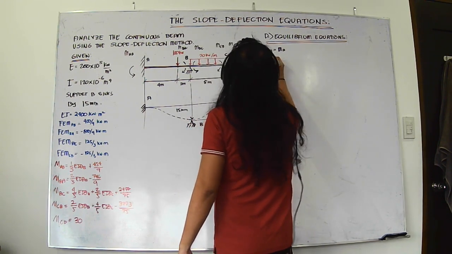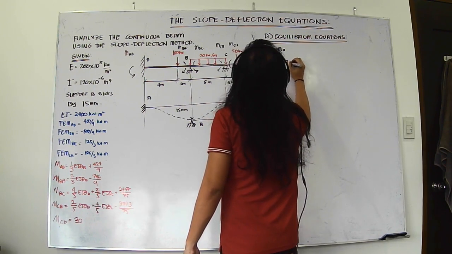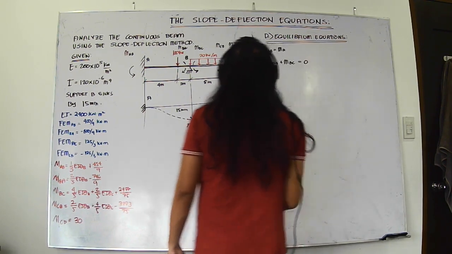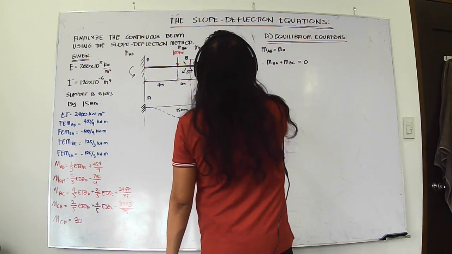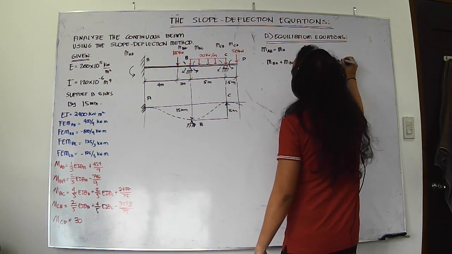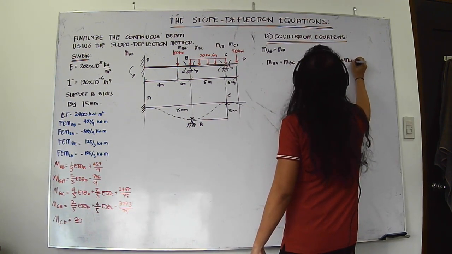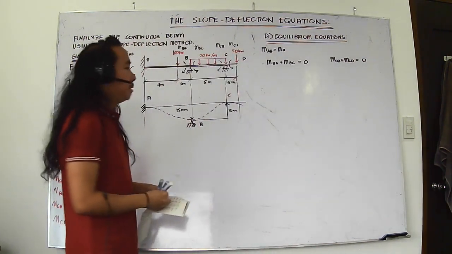Then MBA plus MBC is equal to 0, because it is a point-by-point analysis. MCB plus MCD is equal to 0. We have three equations basically.